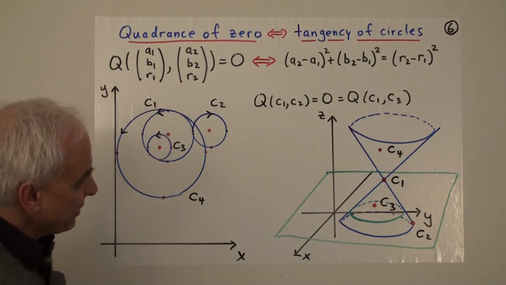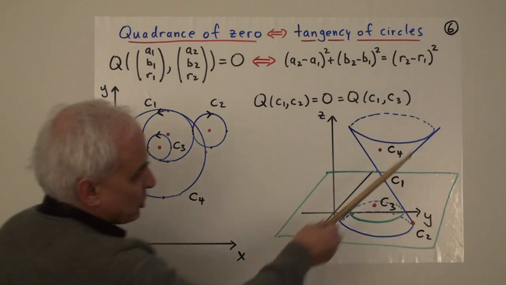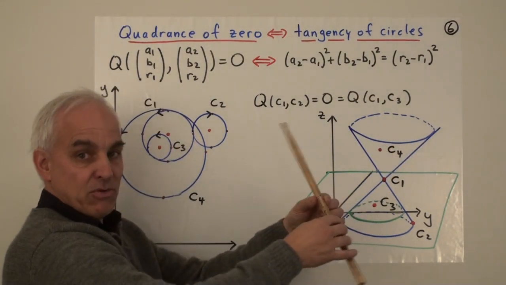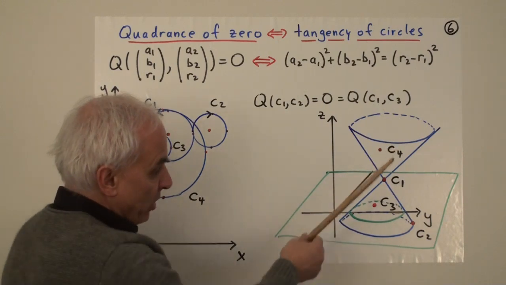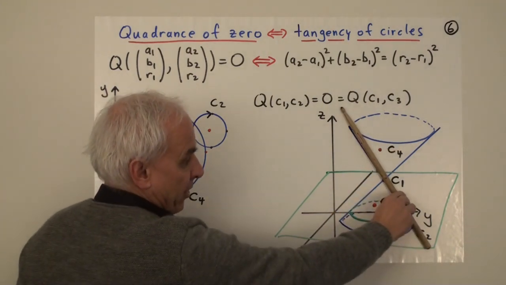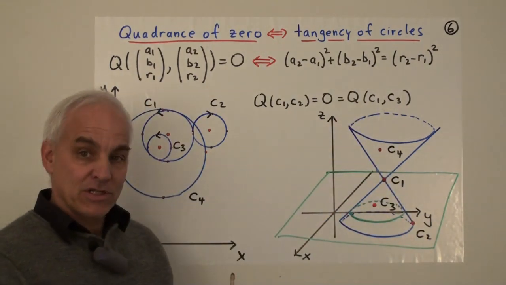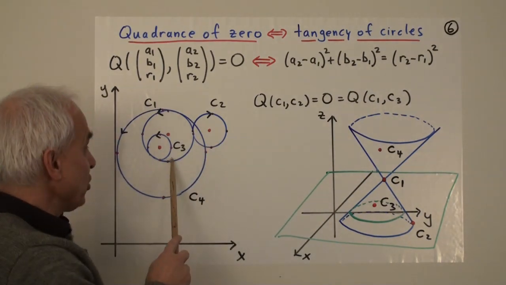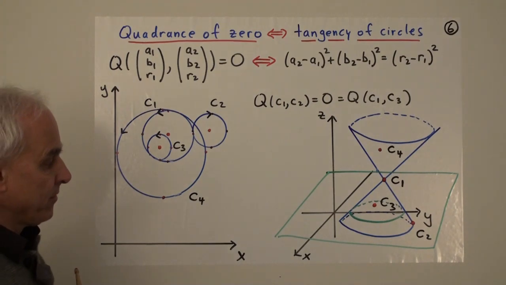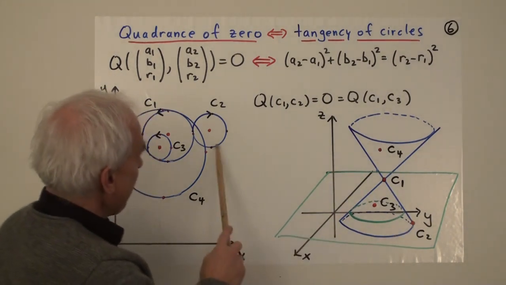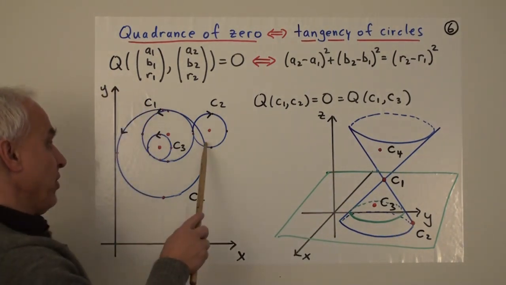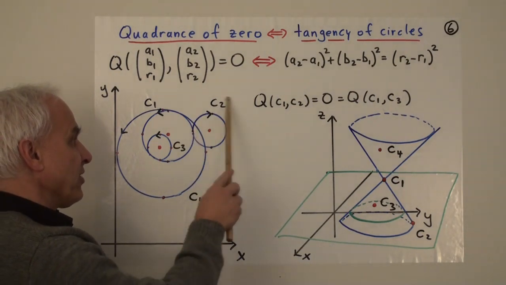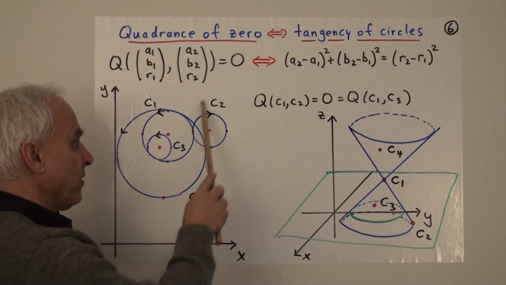So you can think about this cone actually consists of lines. Right? The cone is actually obtained by lines sweeping out like this. And if we take any one of those lines, say this line here, that line corresponds to a whole family of circles which are all tangent to the original one. For example, this line here that passes through C2 would include not just this circle, but also bigger circles that are still tangent at the same point.